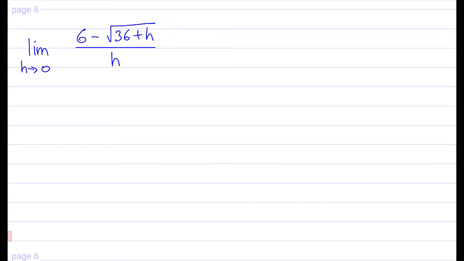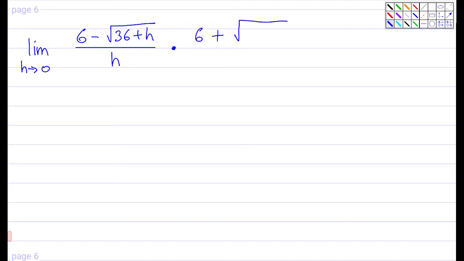So the general technique for a problem like this is we multiply by the conjugate of the numerator. What is the conjugate? It is the same thing with a plus sign instead of a minus sign.